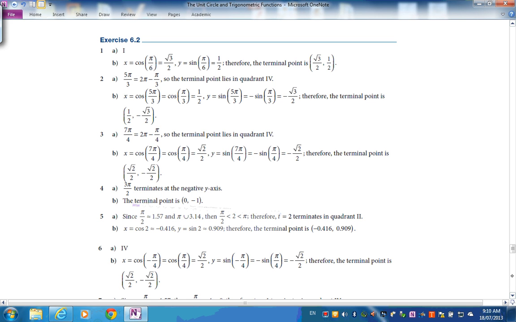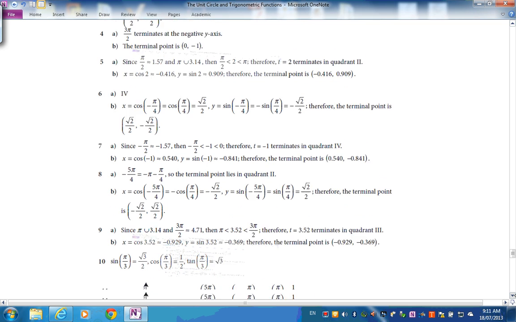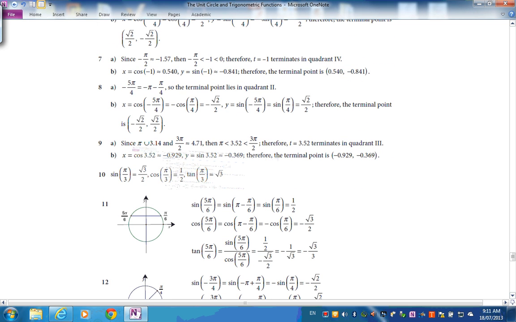Okay, so here's the first few, question 1 to 6. They haven't drawn diagrams. I think it would be good for you to draw a diagram to help you work it out there. Okay, questions 7 through 11 then.